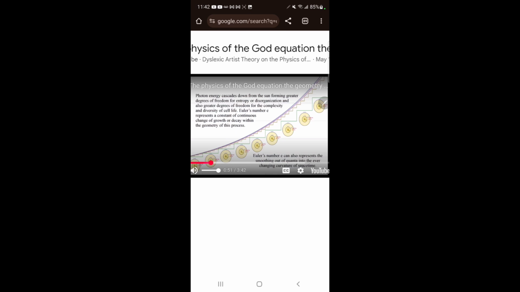You understand? Degree is for angles as well, and temperature, curvature, and temperature. Yeah. The forming with the sun, the greater the degree, then the greater the freedom for entropy and disorganization, and also greater degrees of freedom from complexity and diversity of the cell life.